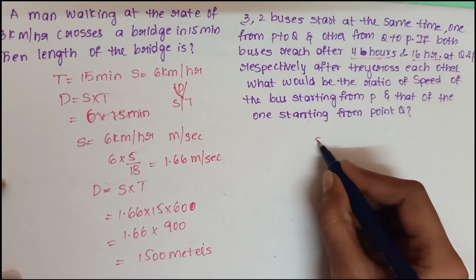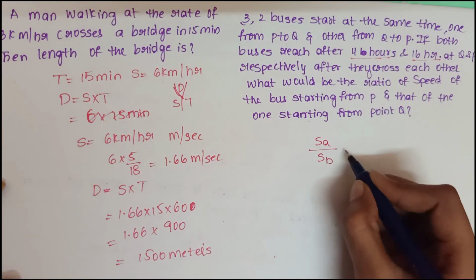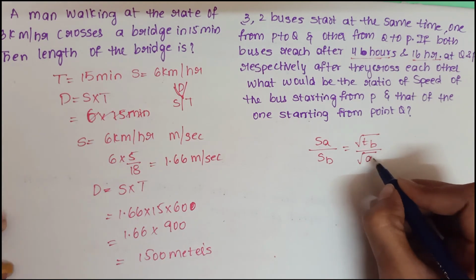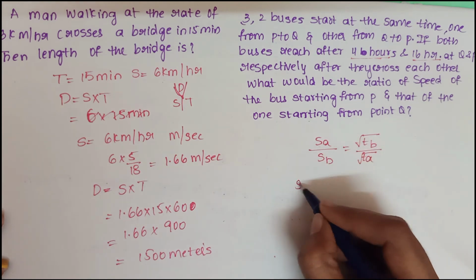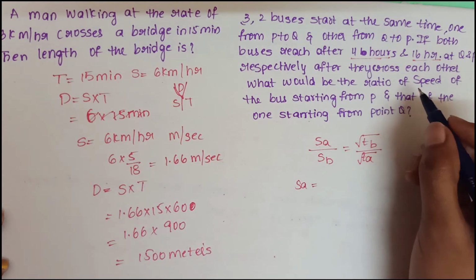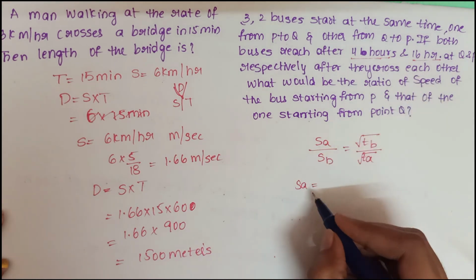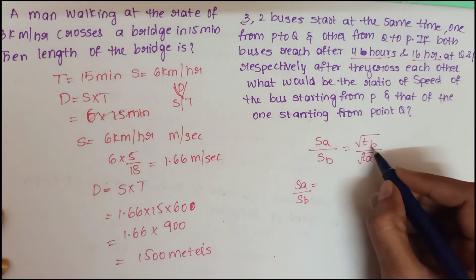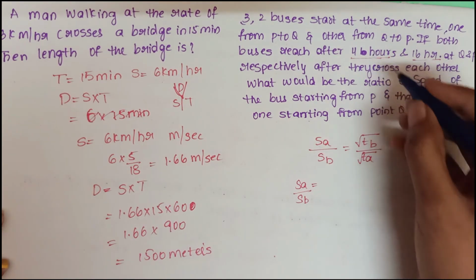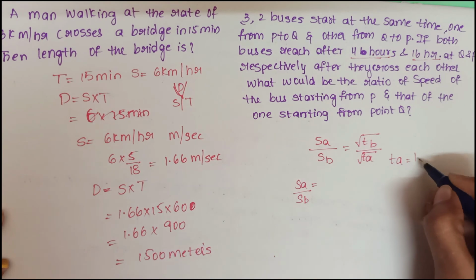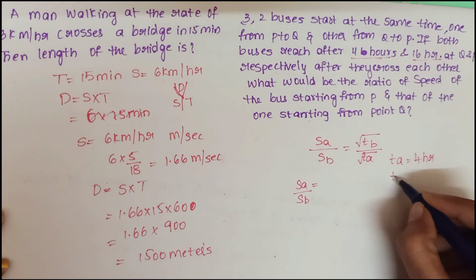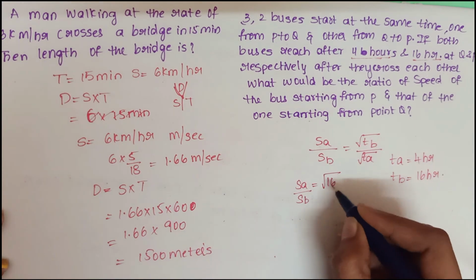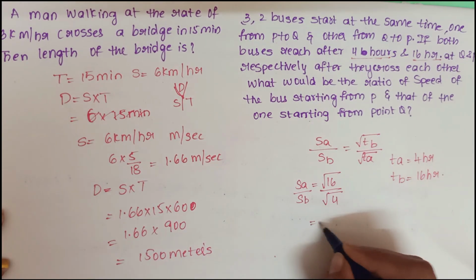So SA by SB is equal to root of TB by TA, where SA and SB we want to find, is equal to root of TB by TA, where TA is 4 hours and TB is 16 hours, so root 16 by root 4.